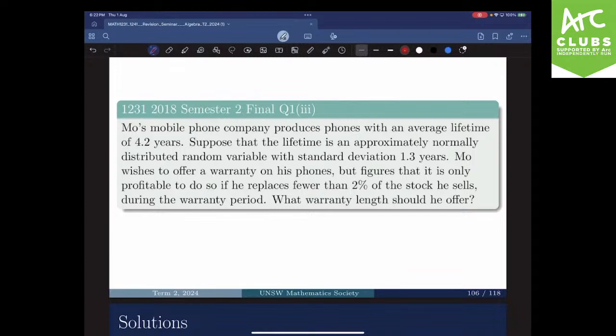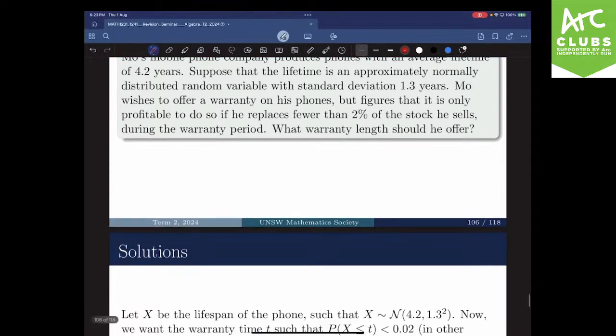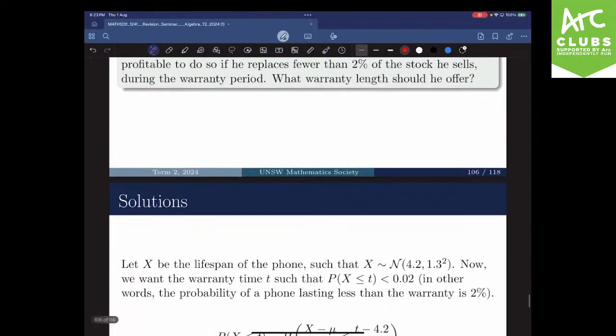Ideally, you would want to advertise as high a lifetime as possible, but that is not very good for the business, because the higher warranty length you offer, the more cost you're going to incur, the more phones you're going to replace. He wants to replace fewer than 2% of the stock he sells, so basically less than 2% of his stock should last less than his warranty length. And we're just trying to figure out what this warranty length should be.